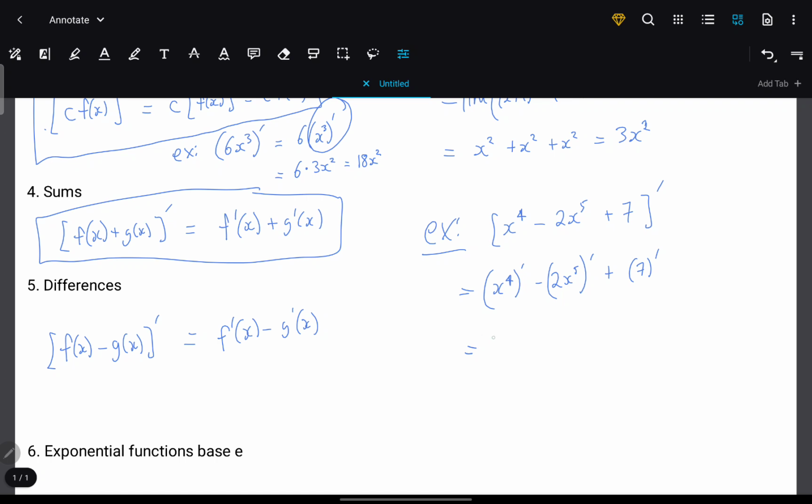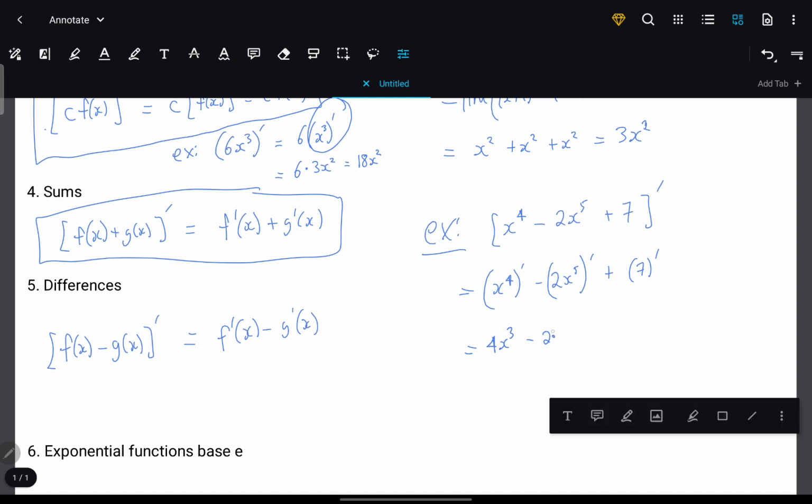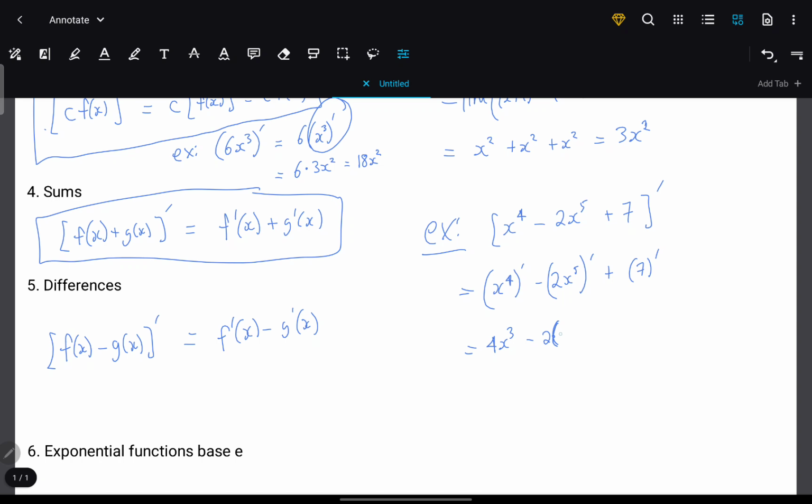Okay, the first one I use my power rule. So the power rule is, again, the exponent comes down, and then you subtract 1 from the exponent. My 2 can come out front here, leaving x to the 5 being primed. The derivative of 7 is 0.